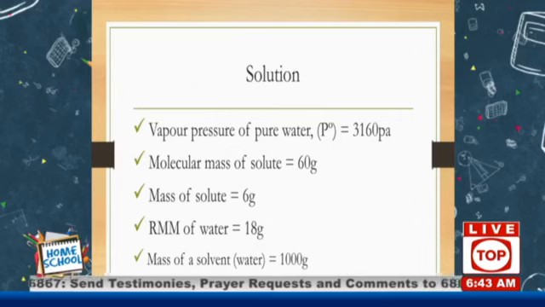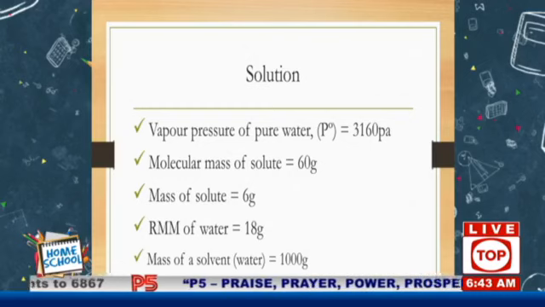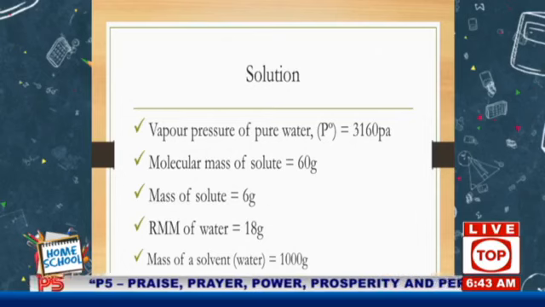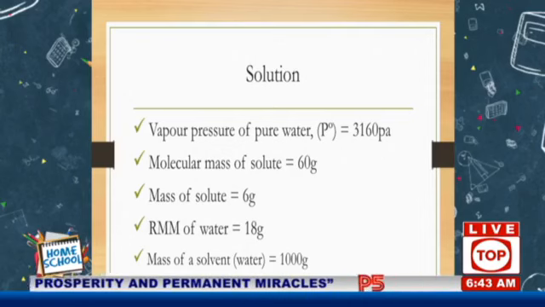Mass of the solute is 6 grams. Relative molecular mass of water is 18 grams. That one we know, so you should just write it. It will not be given in the question sometimes, but make sure that you put the relative molecular mass of the solvent if they have said that it is water. Mass of the solvent is 1,000 grams.